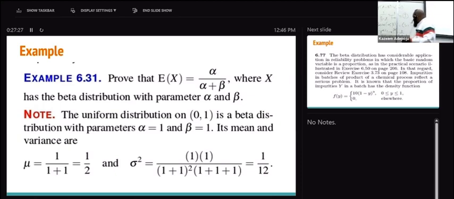You remember that B of alpha, beta is gamma alpha, gamma beta over gamma alpha plus beta, the non-integral definition of a beta function. If I want to use that here, it means my B(1, 1) is gamma 1 gamma 1 over gamma 2. What is gamma 1? I told you gamma k is k minus 1 factorial.